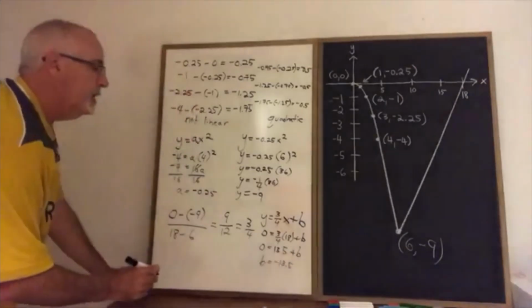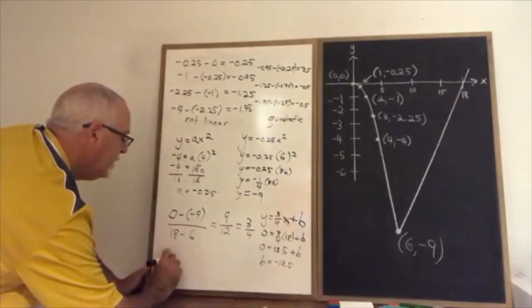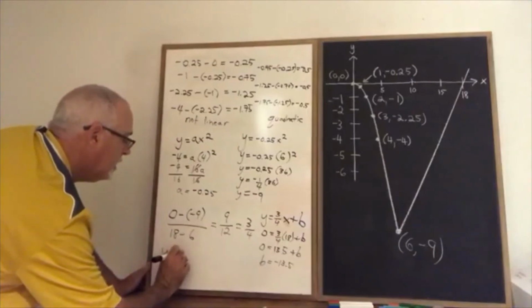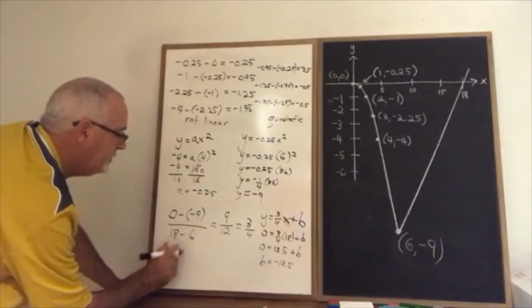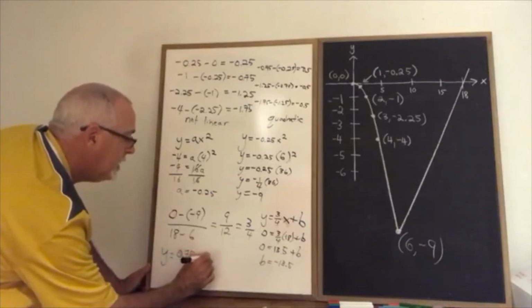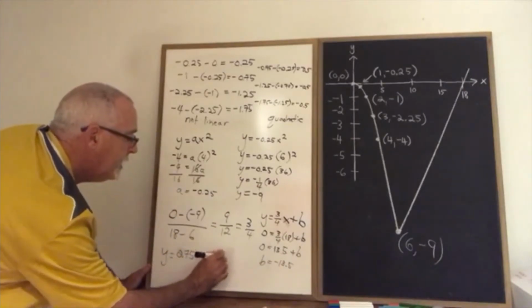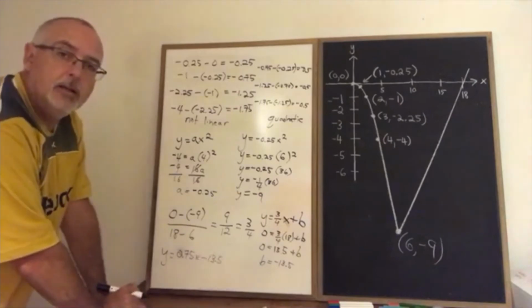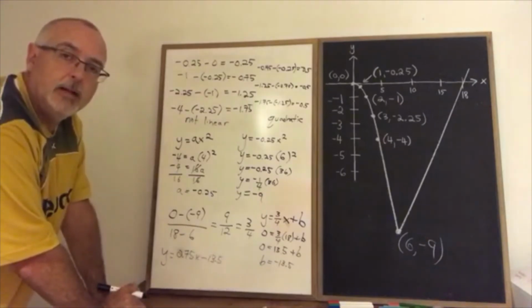I know my linear equation. It's y equals 3, well, I'll do it all in decimal. Y equals 0.75 x minus 13.5. There's only one thing left to do. They asked what would be the temperature after 24 seconds.